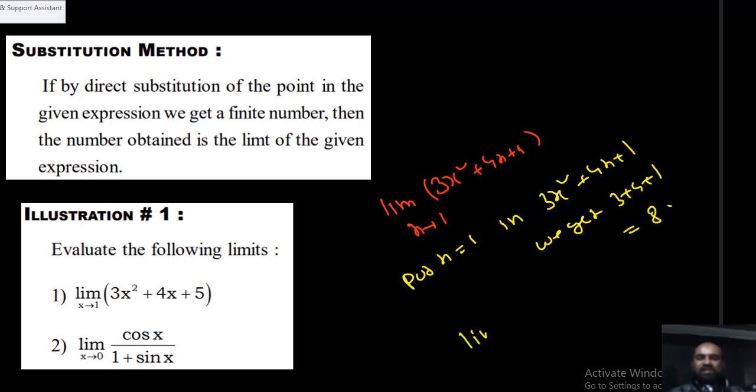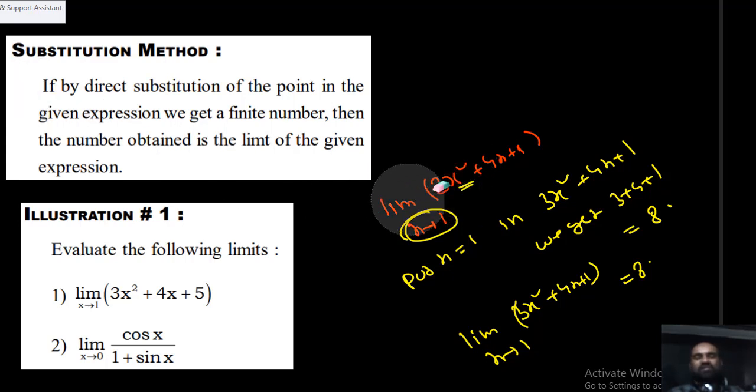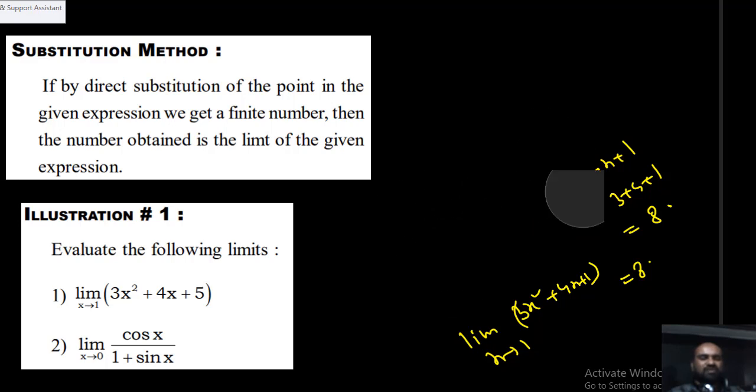What is the meaning of that? The limiting value of 3x square plus 4x plus 1, where x is tending to 1, is equal to 8. If you substitute this x value in the given function and get a finite value, that finite value is taken as the limit of the function. This method is called the direct substitution method or substitution method.